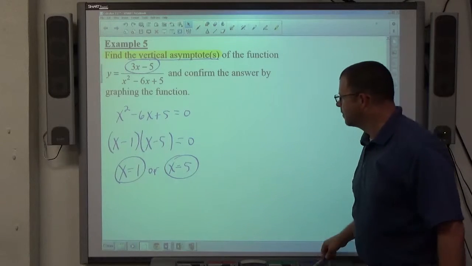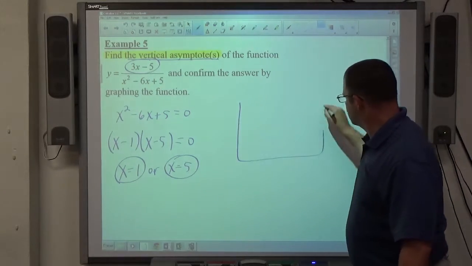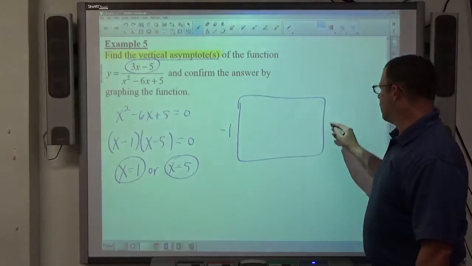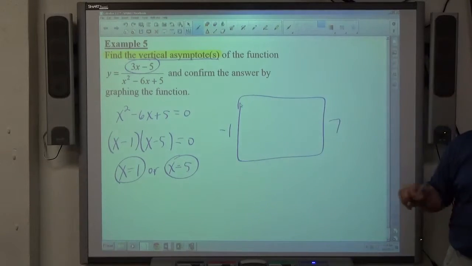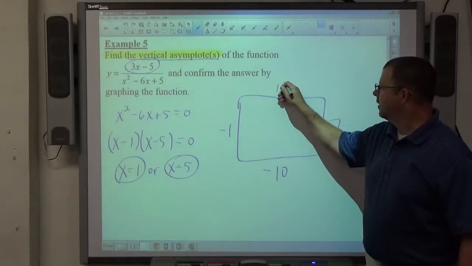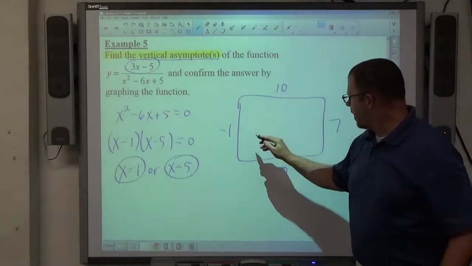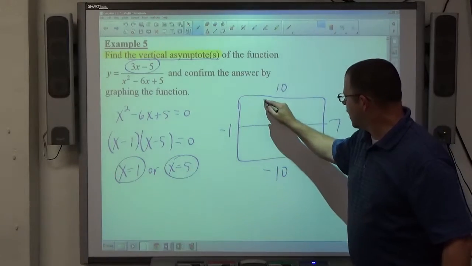Oh well. Let's go negative 1 to 7 maybe. I don't know. It doesn't matter. Negative 10 to 10. And we'll probably look about like this.